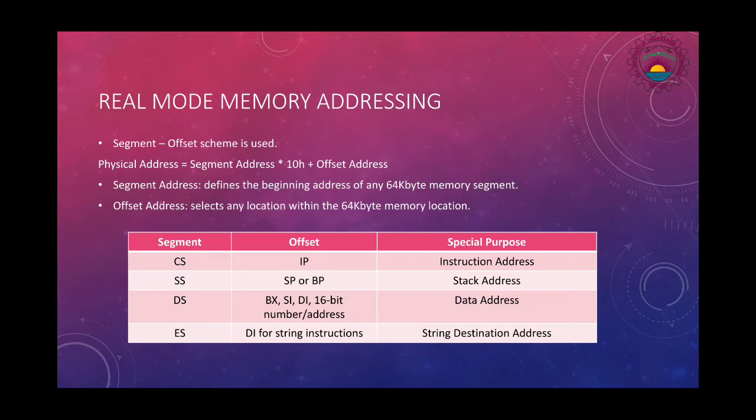So physical address, segment address will be coming from any segment register, and offset address may be coming from some register or from an immediate address.